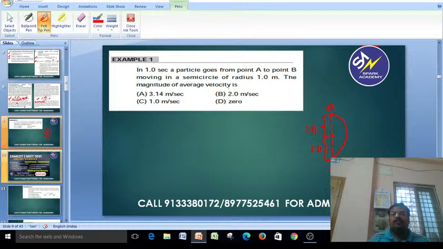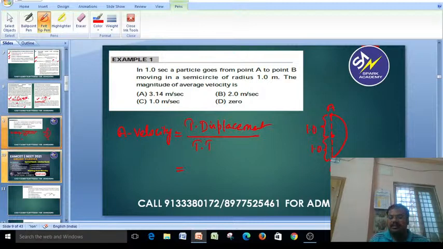So the magnitude of average velocity. What do you know about average velocity? Average velocity is equal to total displacement divided by total time taken. Now, how much is the total displacement? The total displacement is the shortest distance between the 2 points.